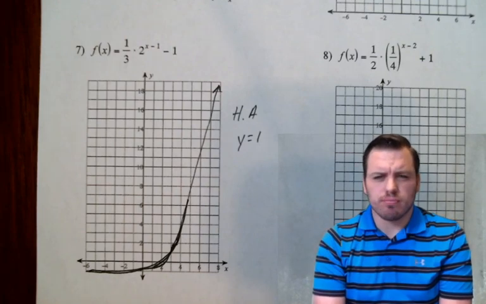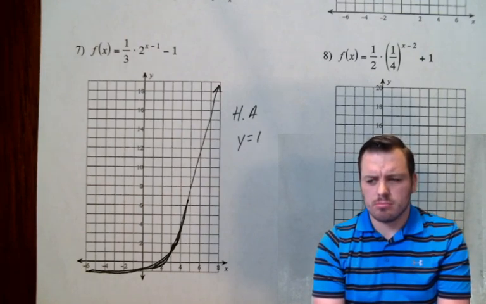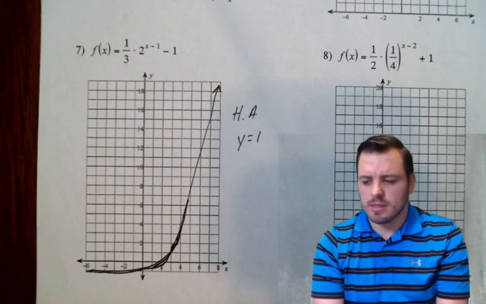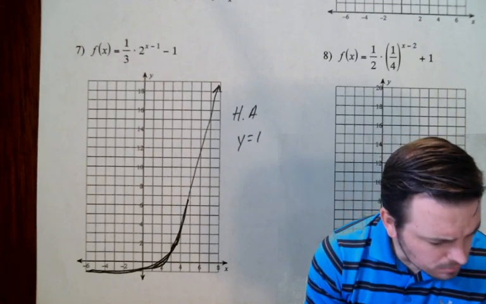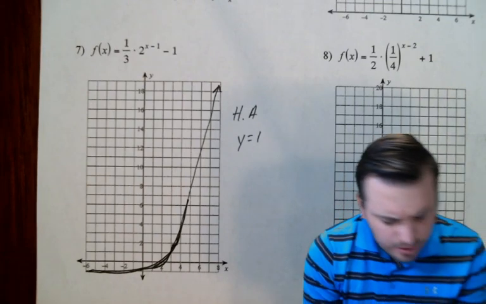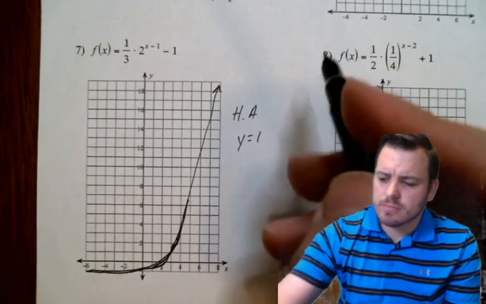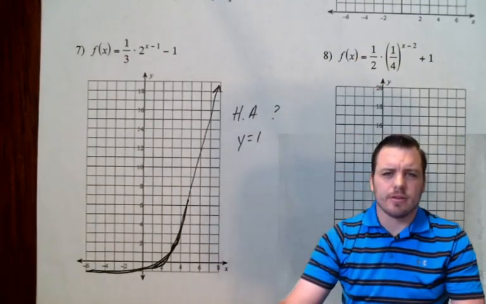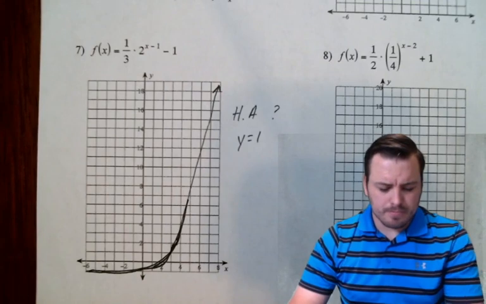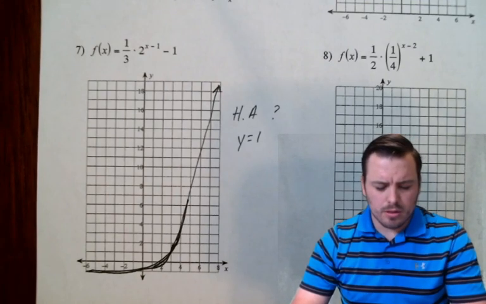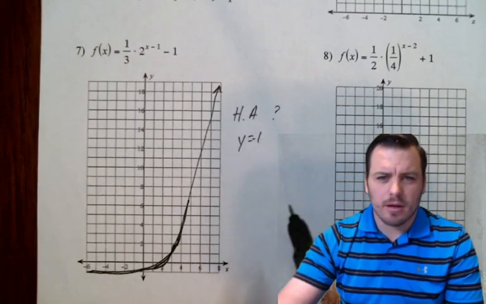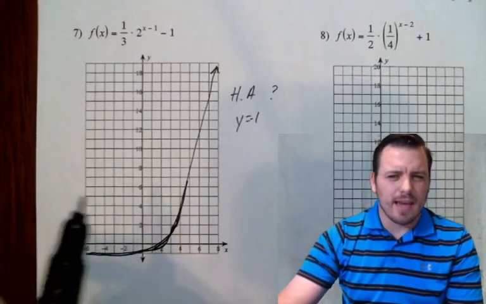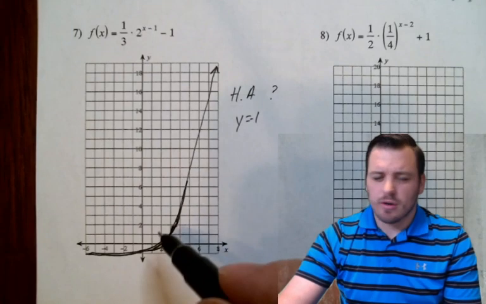It should just approach 1. Sorry, my calculator's dead. I'm talking about -1 here, but I'm just looking at the answer sheet. So it may be 2.